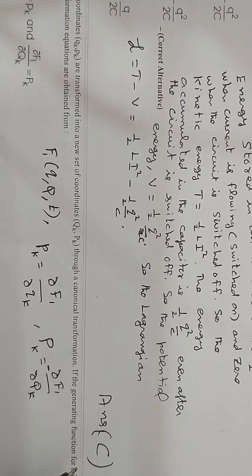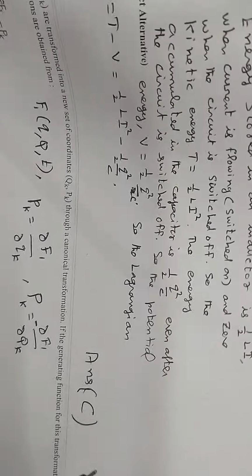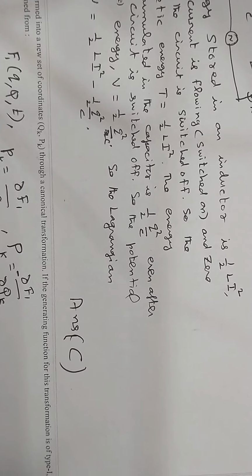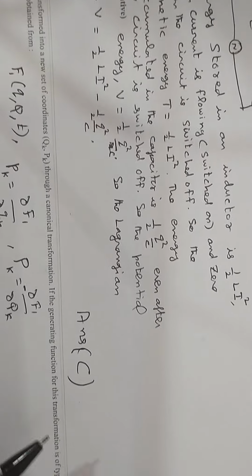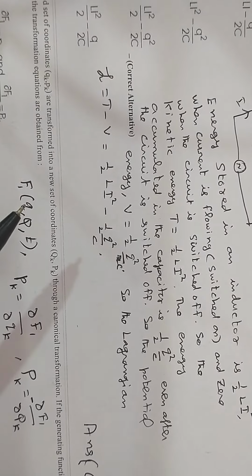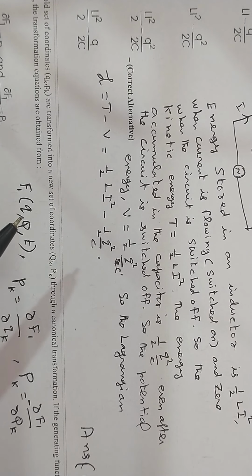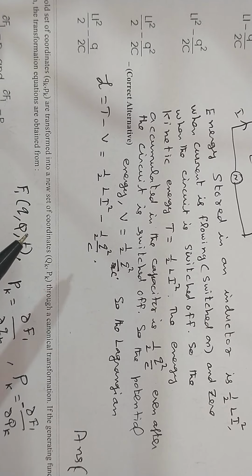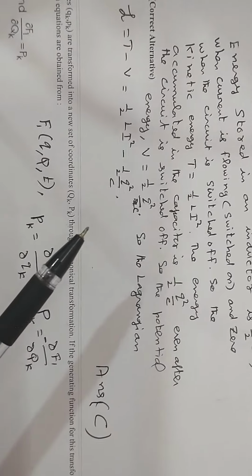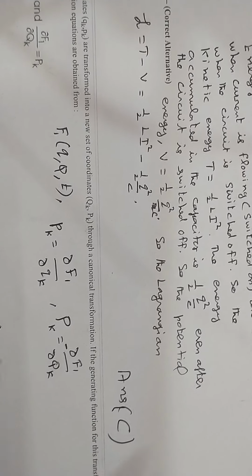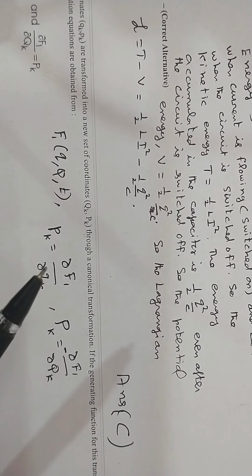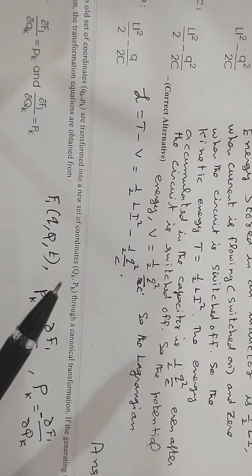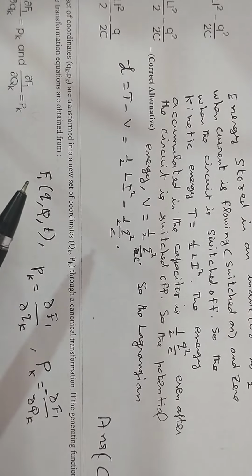If the generating function for the transformation is of type 1, type 1 means the function is F1, a function of small q, capital Q and t. We have already derived an expression relating the old coordinate and the new coordinate with the function F1.